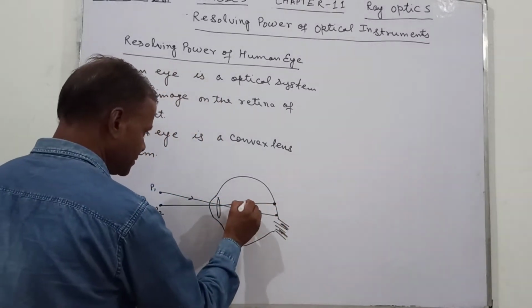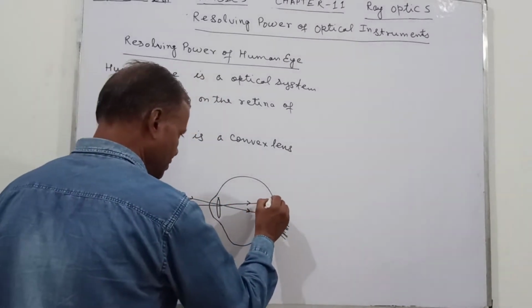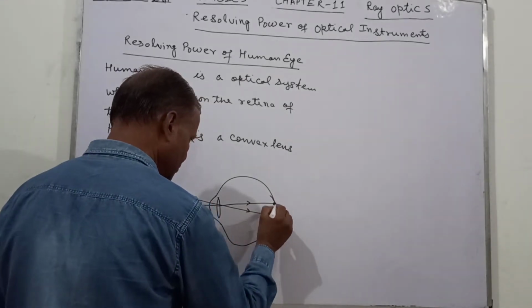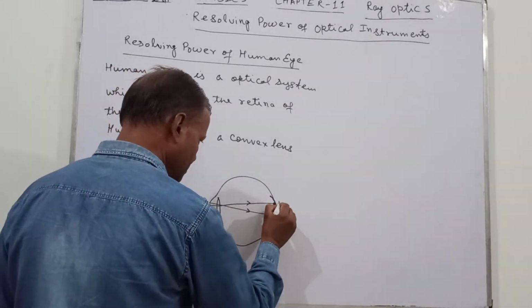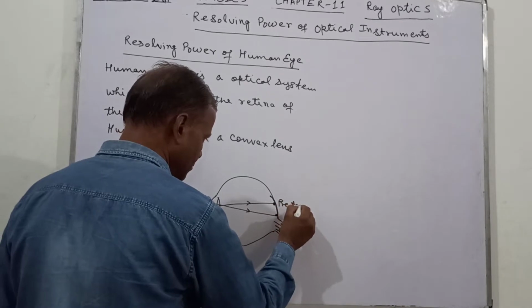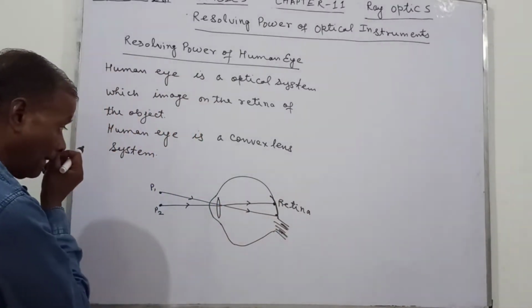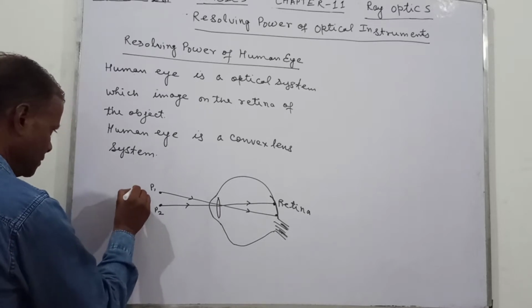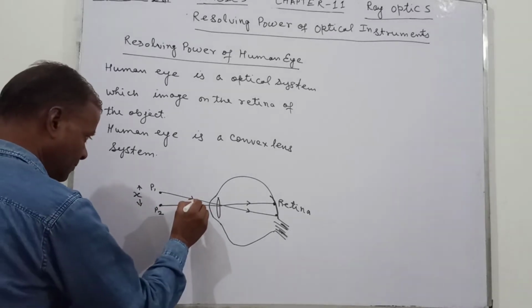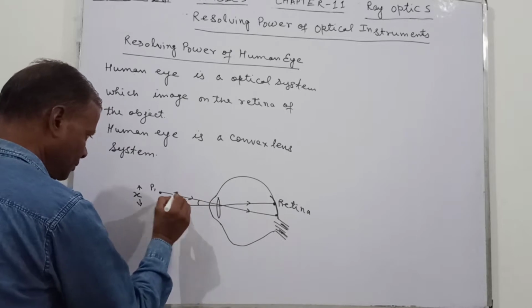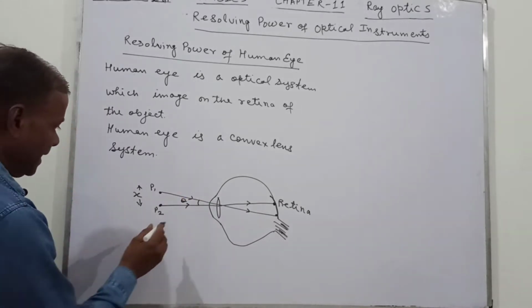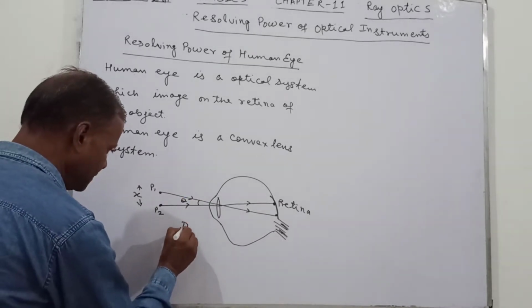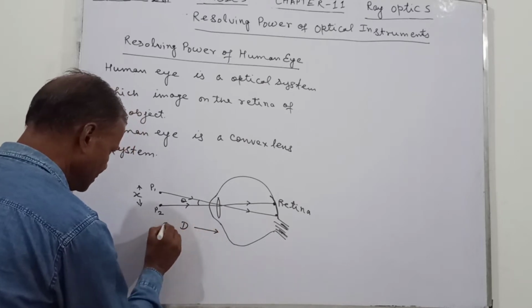These are the images on the retina. This is the distance x between the objects, and they make the angle theta. Let this distance be d.